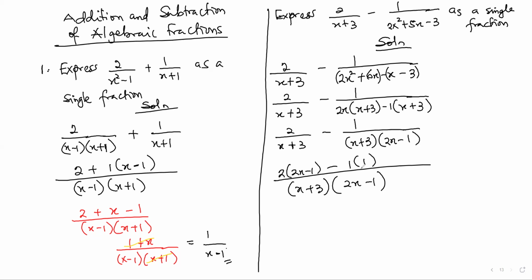So we expand. We're going to have 4x, 2 times minus 1 is minus 2, negative 1 times 1 is negative 1, divided by the denominator.